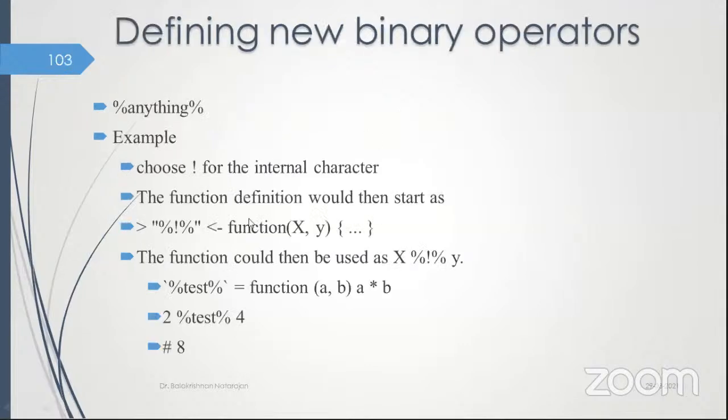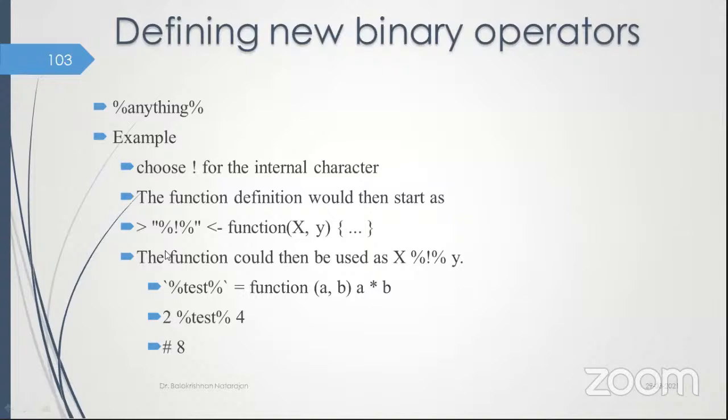Next, you're going to create your own binary operator. The operator is defined with a percentage symbol accompanying it. Any symbol can be defined, and you can make a function on that and return it on this symbol.